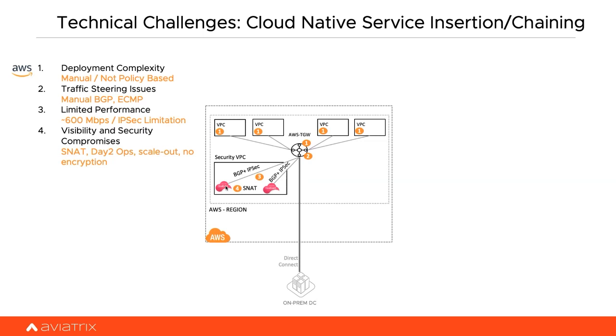Then another challenge is about the traffic steering. How would you steer the traffic towards these CloudGuards? So what customers typically do is create IPsec tunnels so that they can provide this active CloudGuard in AWS. In that process, they need to build IPsec, configure BGP and ECMP, the equal cost multipath.